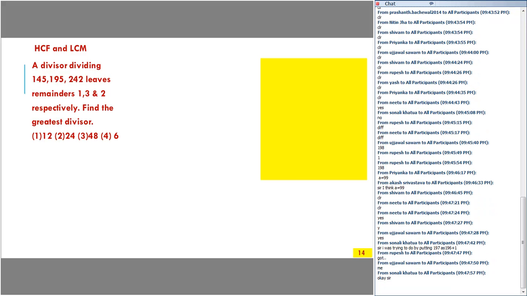Right, how do you do this question? Divisor dividing 145, 195, 242 leaves remainders 1, 3, 2. Find the greatest divisor. Shall we do this or do you want to try? I think I've sent the solution. How many have seen this?